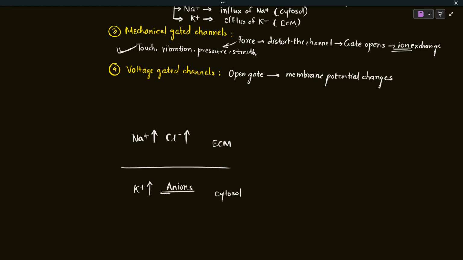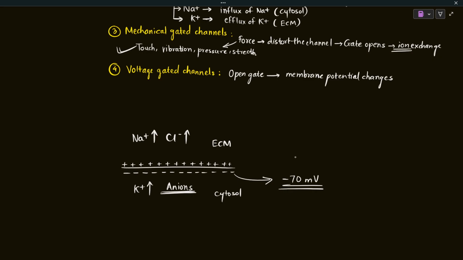So due to this, the cytosolic part of the membrane has an overall negative charge compared to the outer part. The extracellular part has an overall positive charge compared to the inner side. This membrane potential is about minus 70 millivolts when the cell is at rest.